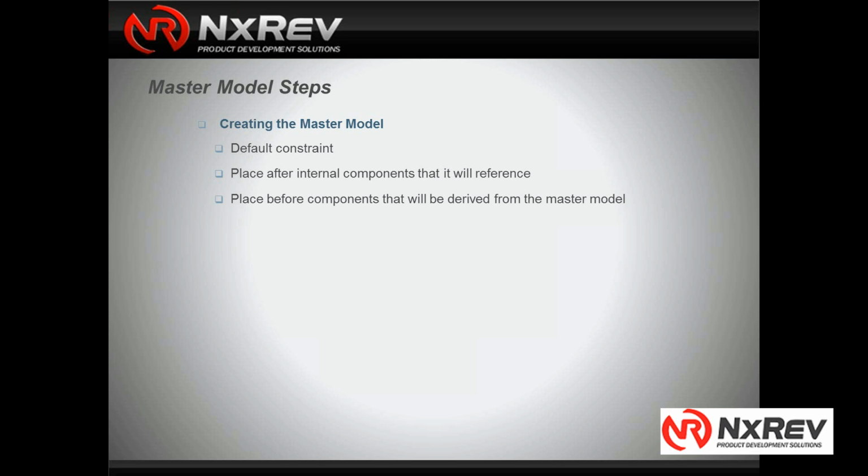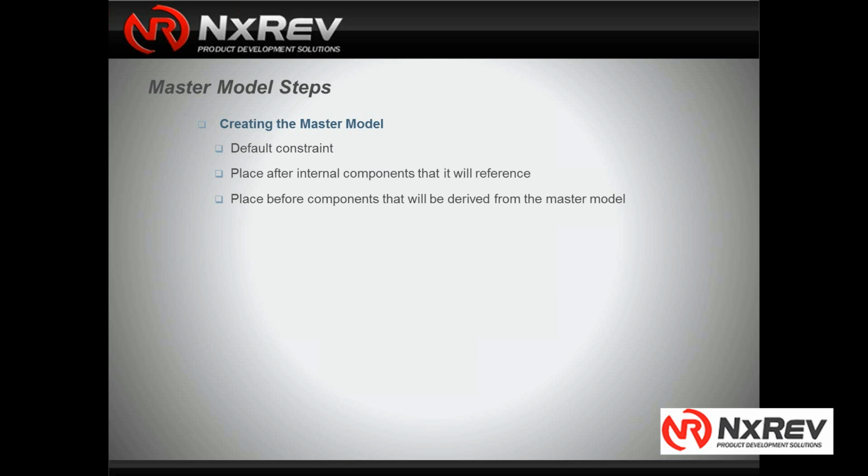So you build your structure out first, put the master model in there at the very top or near the top, and then place your subcomponents, the buttons of the mouse, the top and lower halves. All those subcomponents are going to go below the master model so that they can reference the master model.